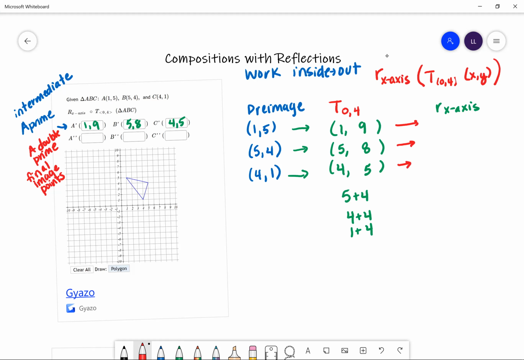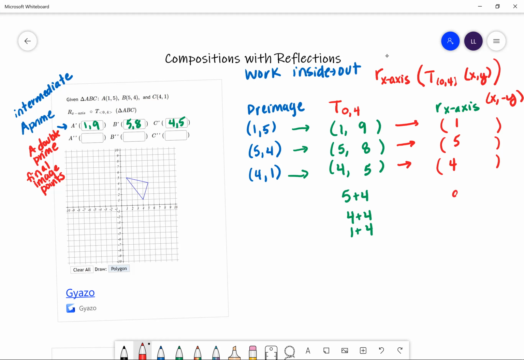So now let's do our final operation, which is a reflection over the x-axis. Now, the reflection over the x-axis rule says that the x's stay the same, but the y coordinates, we're going to multiply by -1. So once again, the x coordinates stay the same, and we multiply the y coordinates by -1.